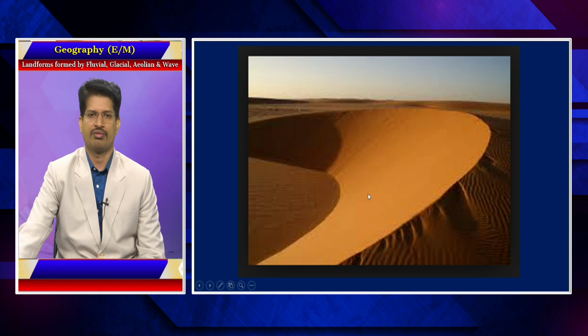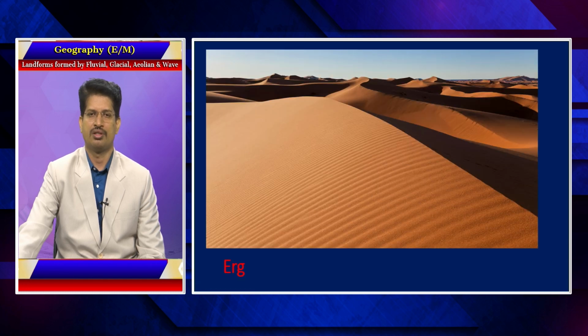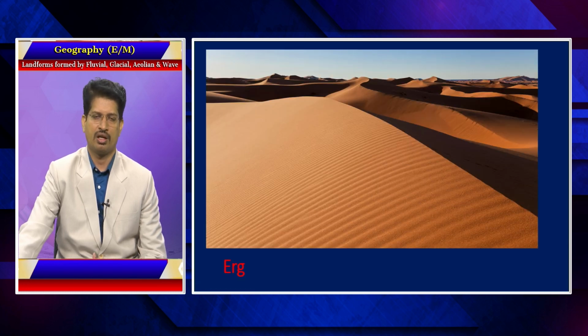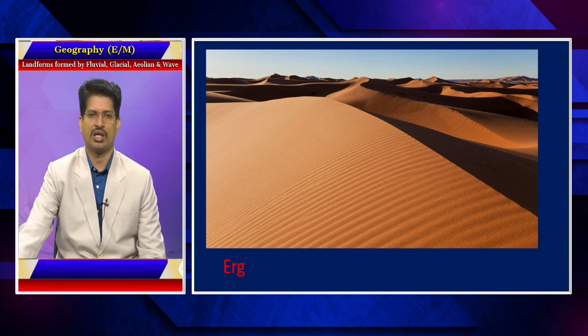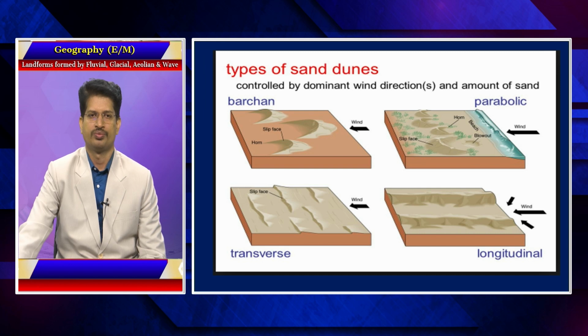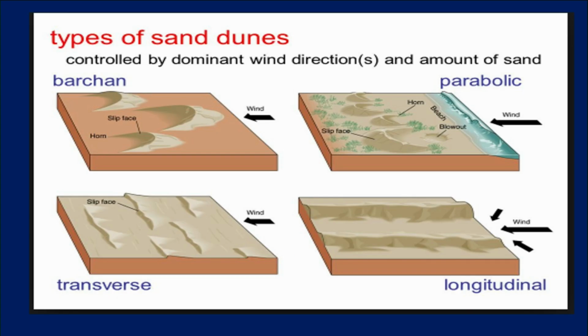This is an example of a barchan. This is an example of an erg, where a large deposit of sand is known as an erg. Depending upon the directional flow of wind, different shaped sand dunes are formed: parabolic, longitudinal, etc.